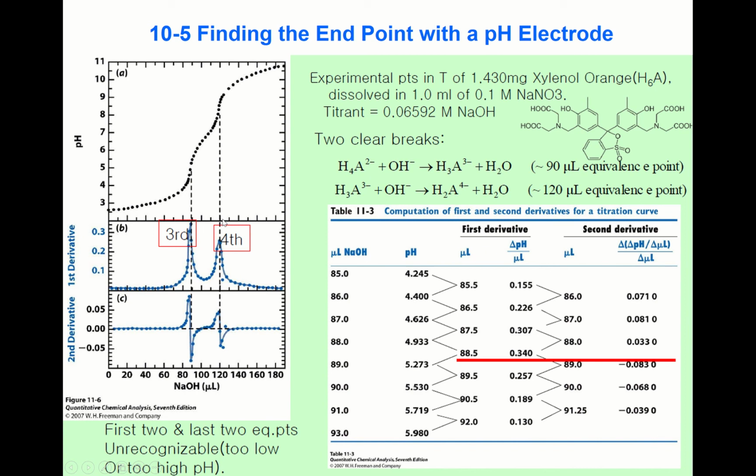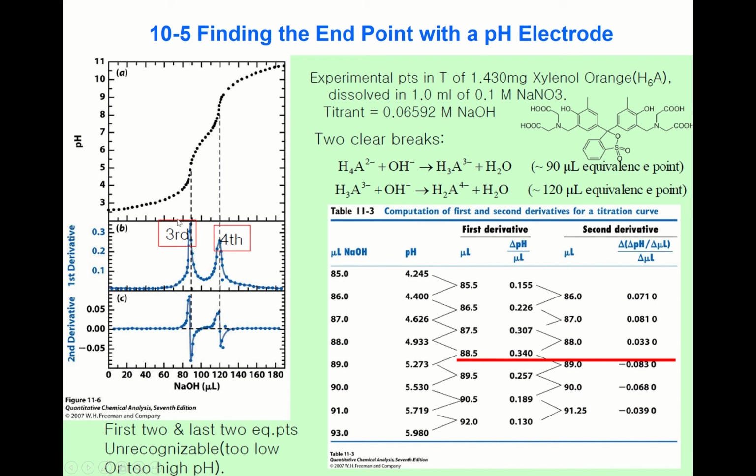Although I said the first and second equivalence points are not seen here, the first one is around here, because the difference is 30 microliters: 30, 60, 90, 120. So although they are not seen, they are here.